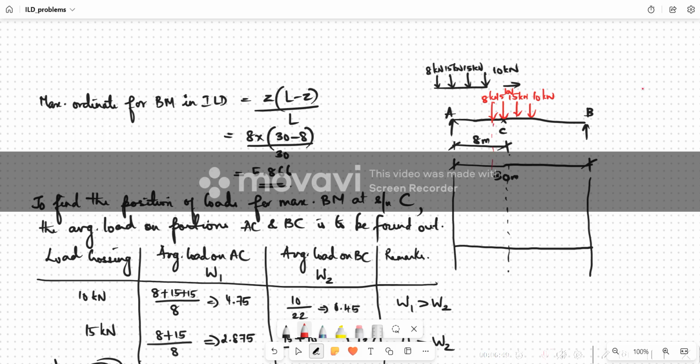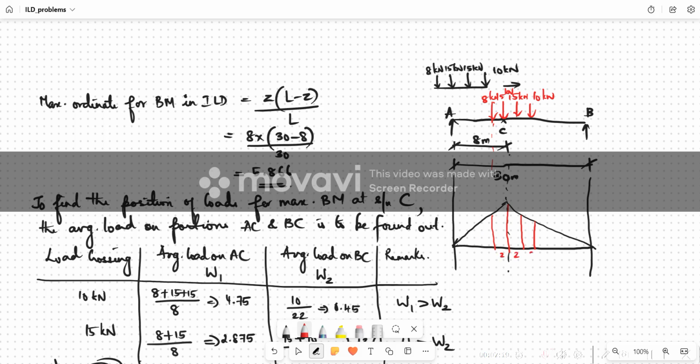Let me draw the influence line diagram for moment. This looks like a curve, but I'll just make it a straight line. Now let's mark the ordinates. For 8, you have an ordinate here. This is the critical ordinate for the critical load. Then for the second 15 kilonewton load, and then the 10 kilonewton.